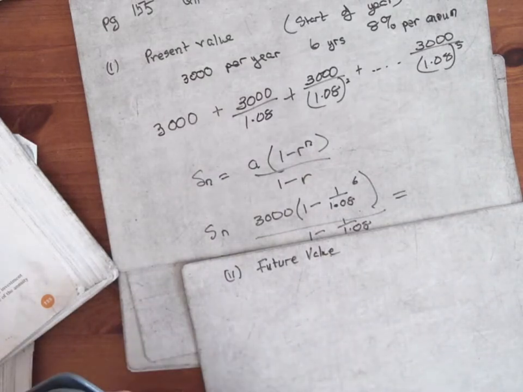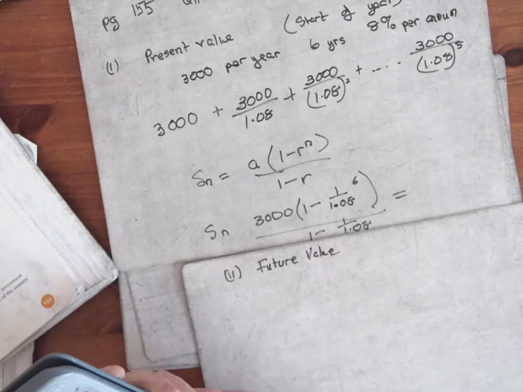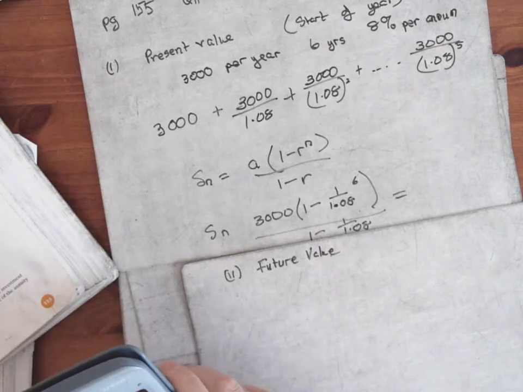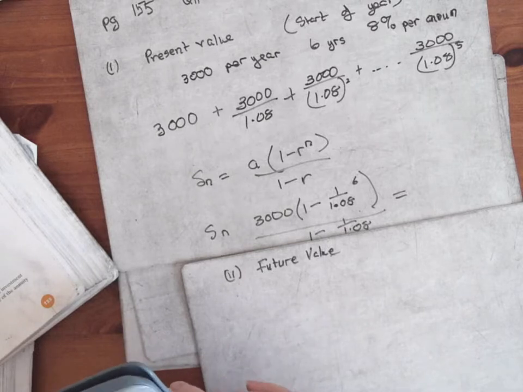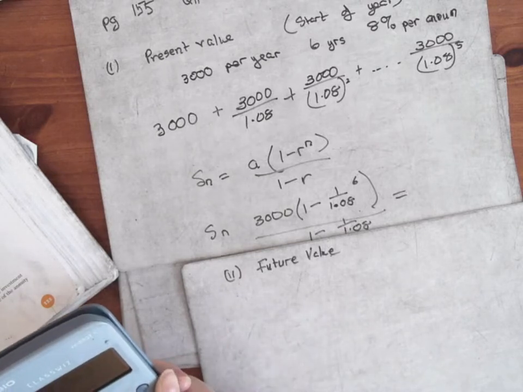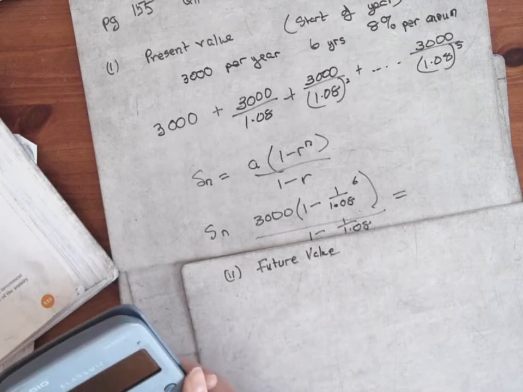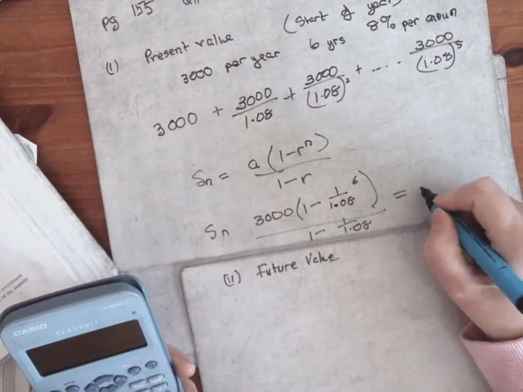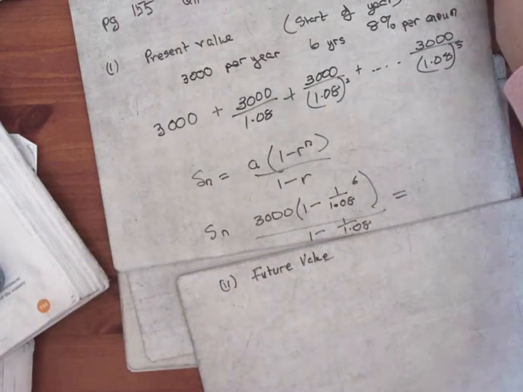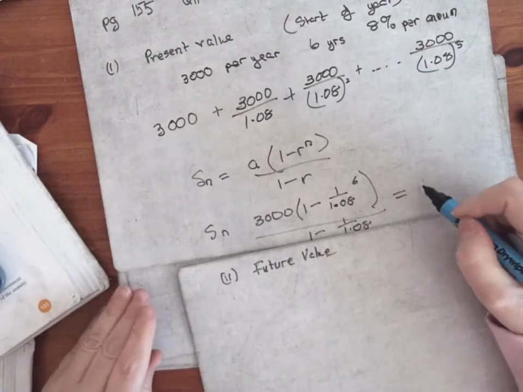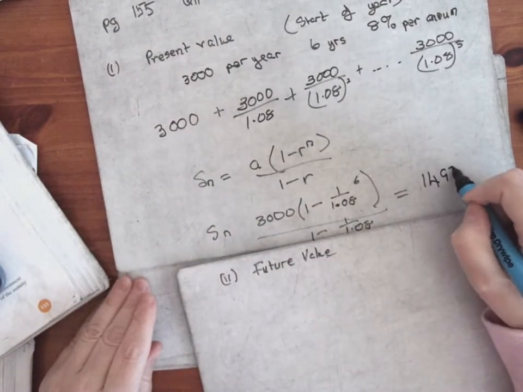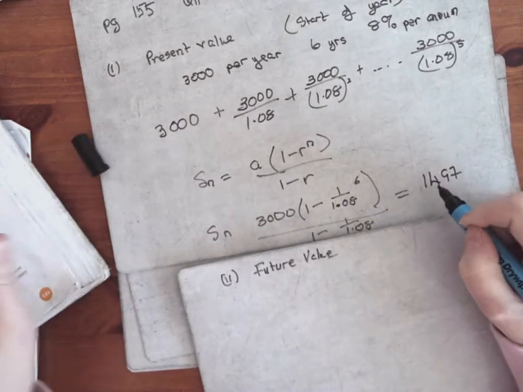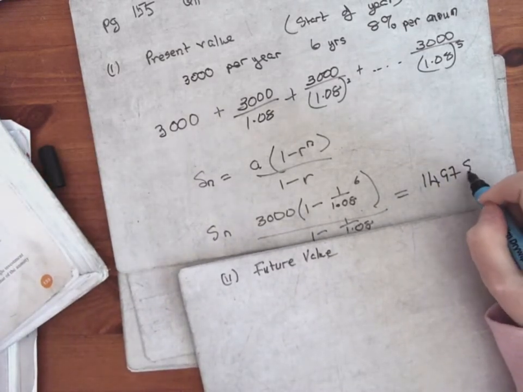I'll just start again. 3,000 bracket 1 minus 1 over 1.08 power of 6 close bracket all over 1 minus 1 over 1.08 equals 14,978 euros and 13 cents.